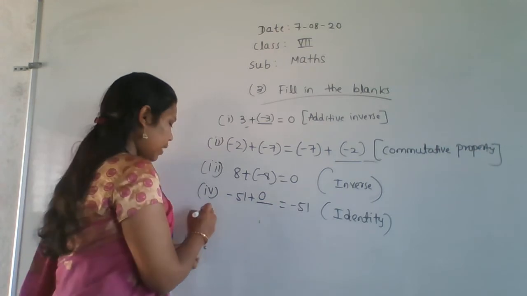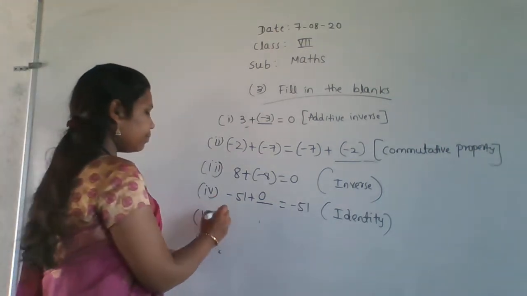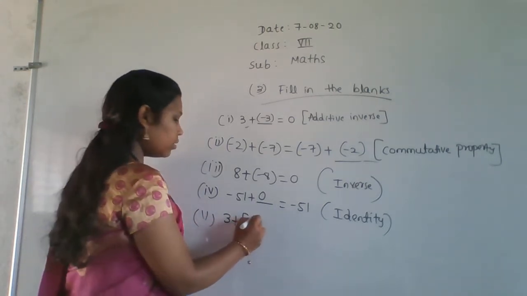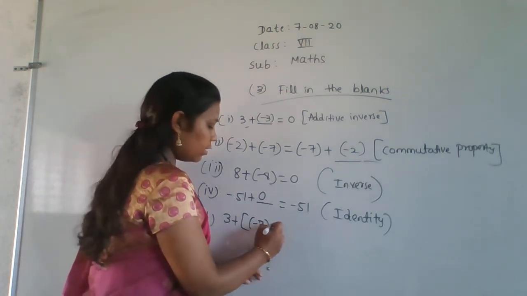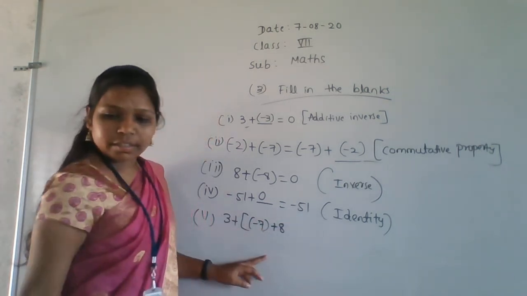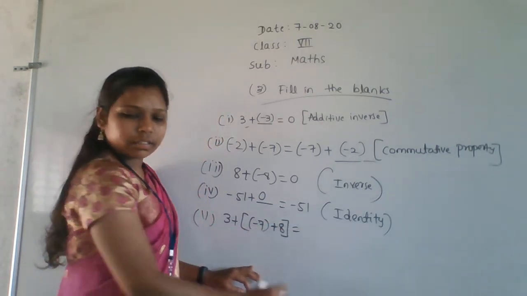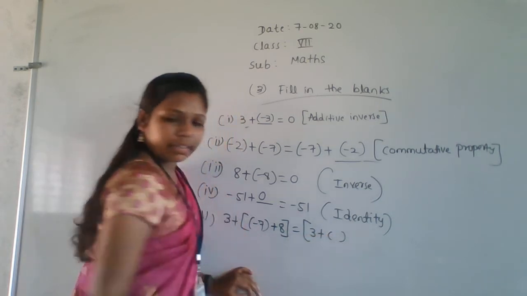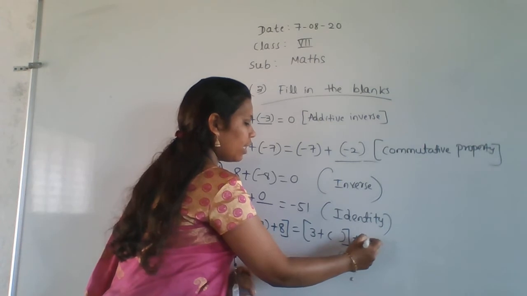Okay, so next we move to the fifth one: 3 plus, in the bracket, minus 7, plus 8. Next, 3 plus some bracket they gave here, and after the completion of the square bracket, 8.